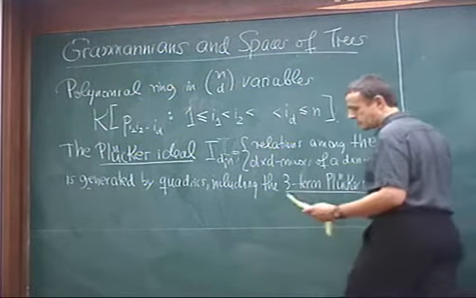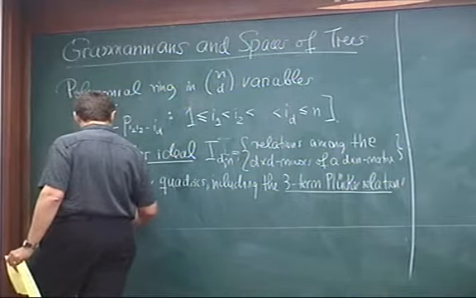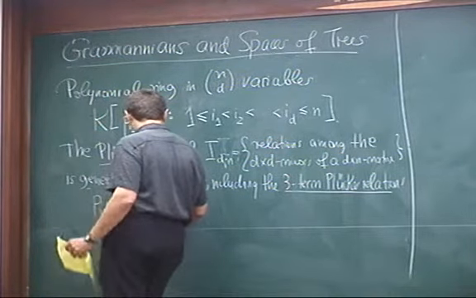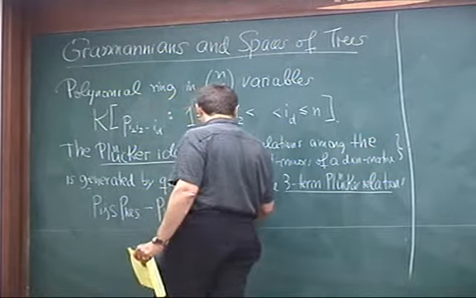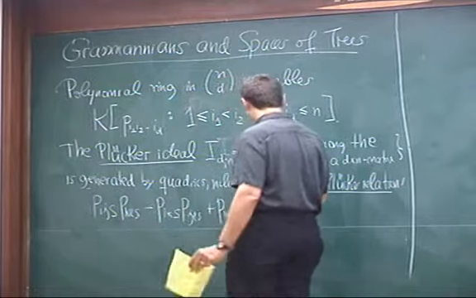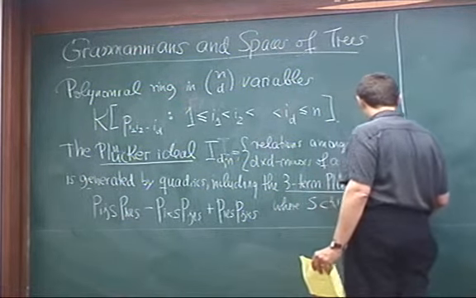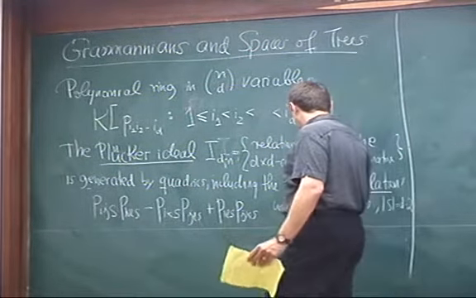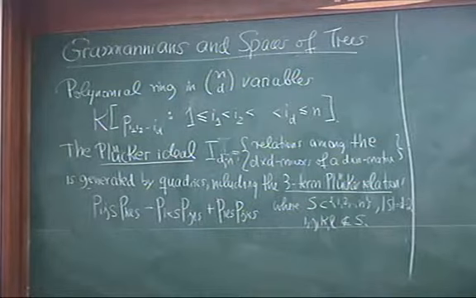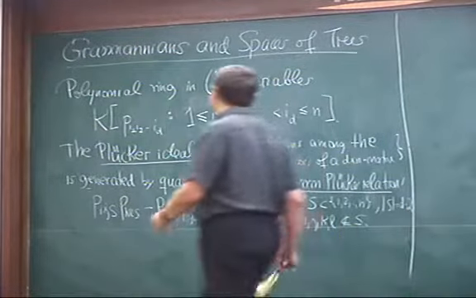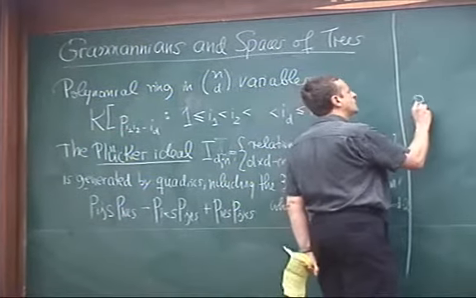They are special quadratic relations, and I'm going to tell you explicitly: p_{ijS} times p_{klS} minus p_{ikS} times p_{jlS} plus p_{ilS} times p_{jkS}, where S is a subset of the indices 1 up to n of cardinality d minus 2, and i, j, k, l are also indices from outside S. Now, what is the convention? I defined these variables to be indexed by increasing strings, but if they're not increasing, I just use an alternating convention.